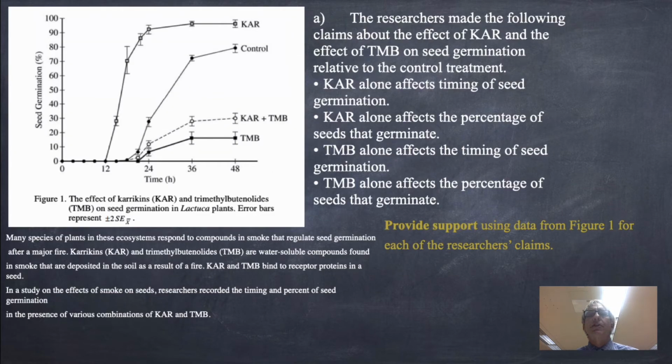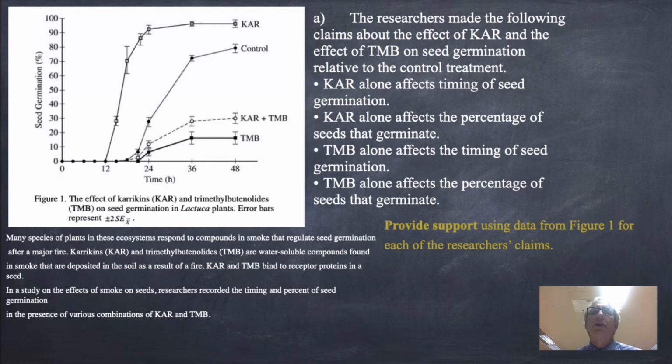Now, here's your first question. You're going to write the word A, and then you're going to answer. The researchers made the following claims about the effect of KAR and the effect of TMB on seed germination relative to the control treatment. We have 4 bullet points. KAR alone affects timing of seed germination.